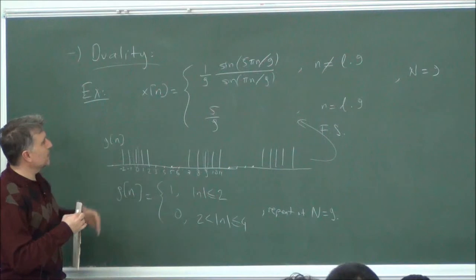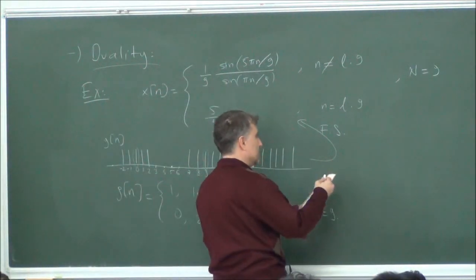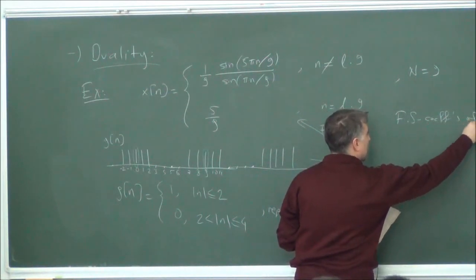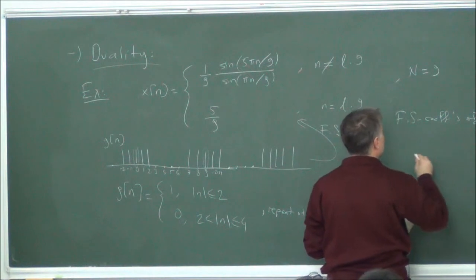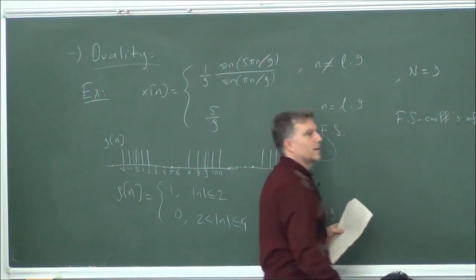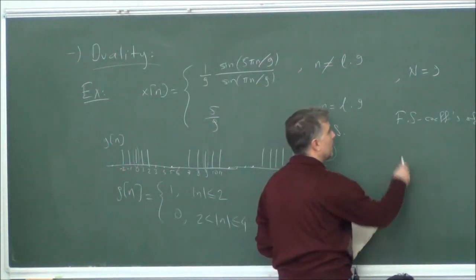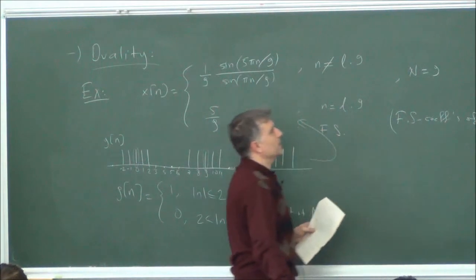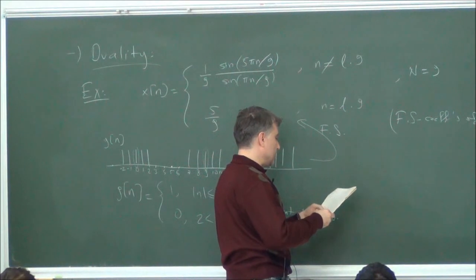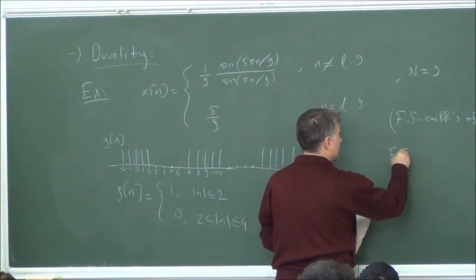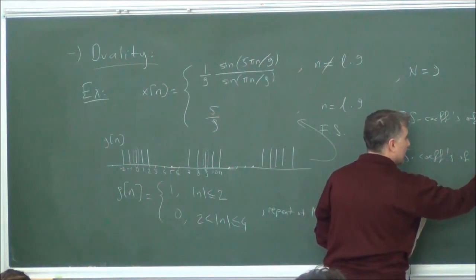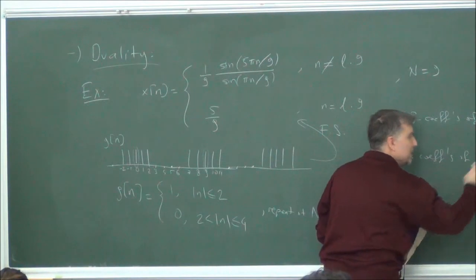Since g of n has the Fourier series coefficients like this, the Fourier series coefficients of g of n are equal to x of n, then the Fourier series coefficients of x of n will be equal to what?